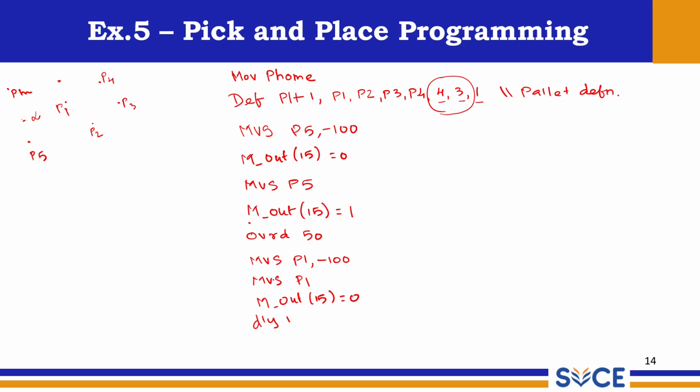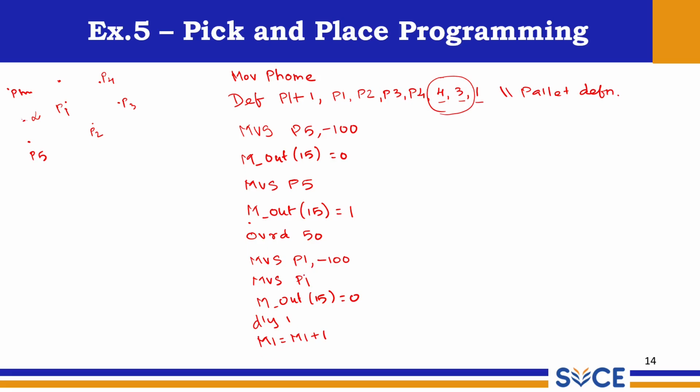See, should we do likewise for all the next ones? No, it is not necessary. What is the next step? M1 is equal to M1 plus 1. This statement is important.